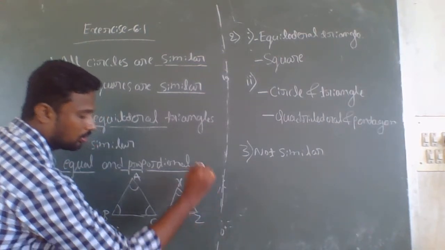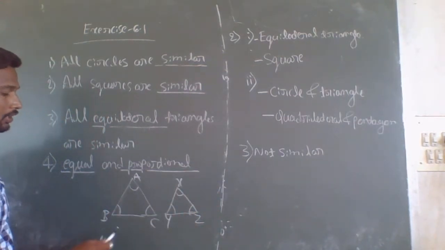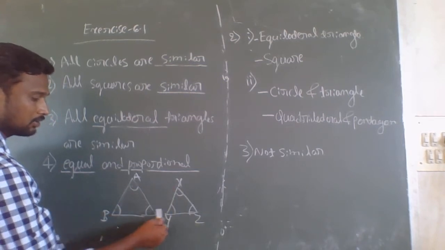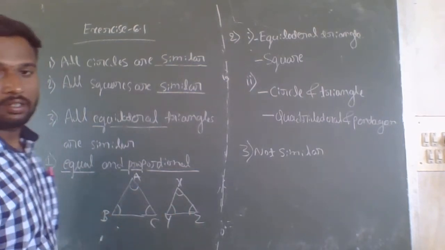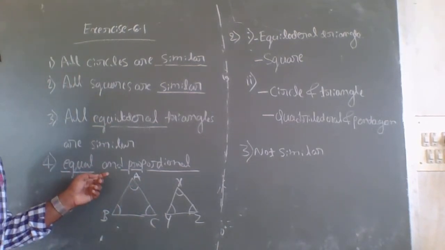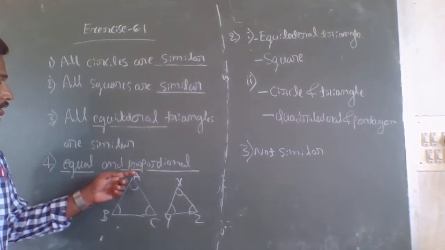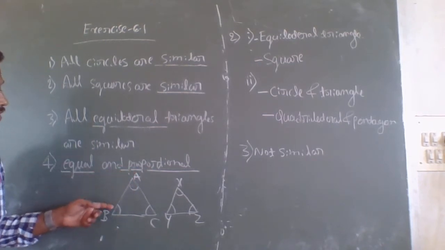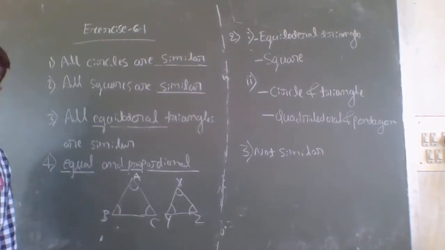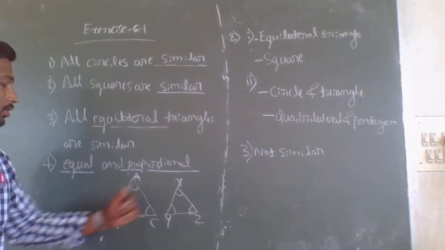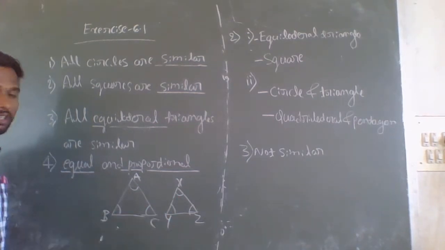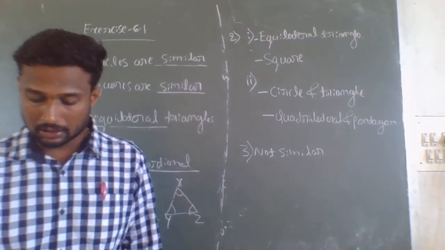This is also a polygon. Here corresponding angles means A should be equal to X, B should be equal to Y, C is equal to Z. Therefore, corresponding angles should be equal and corresponding sides should be proportional. Corresponding angles should be equal and corresponding sides should be proportional. This is about the first question.